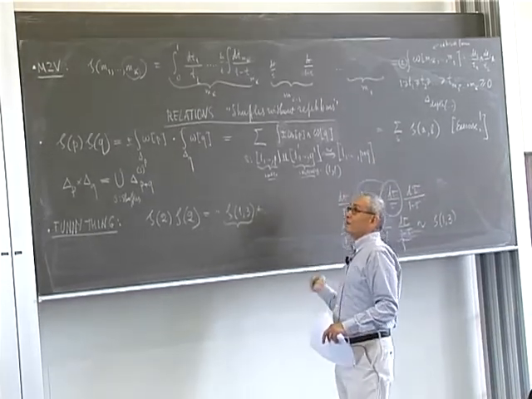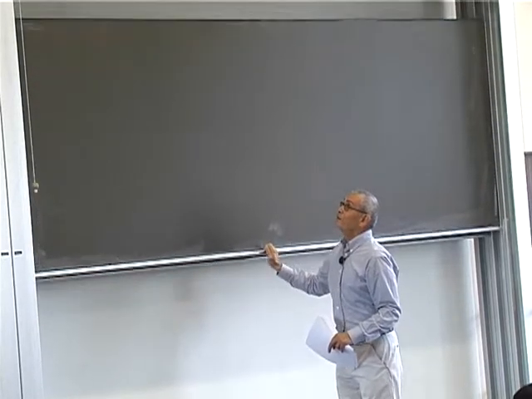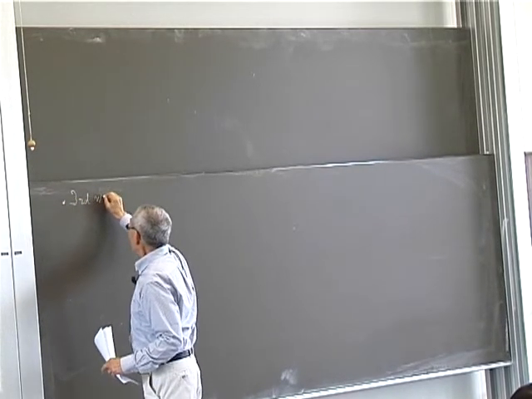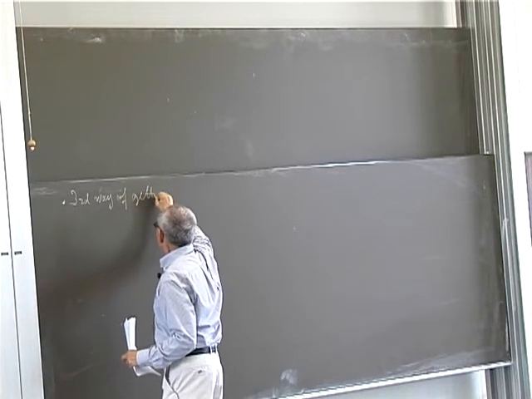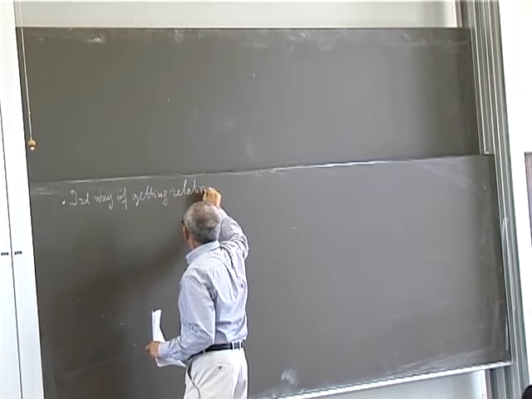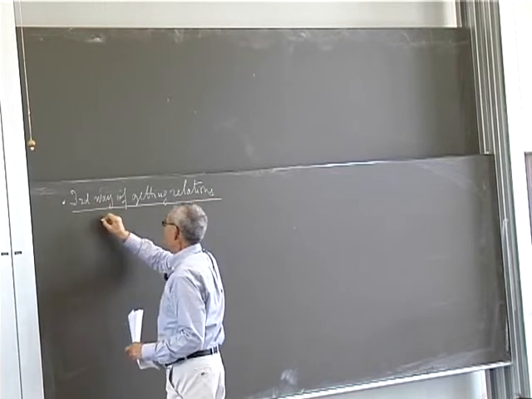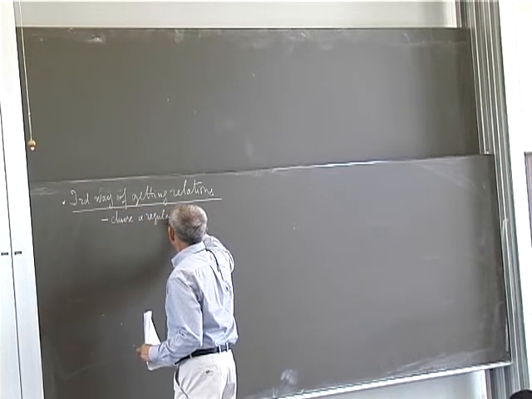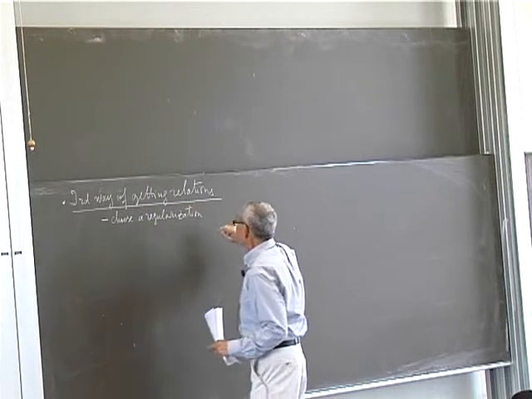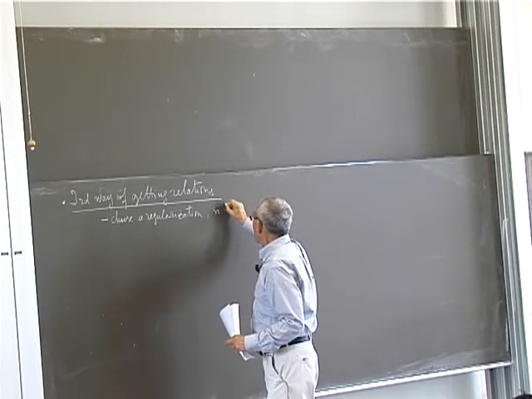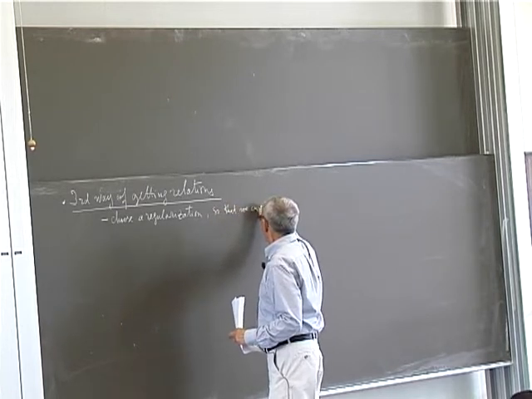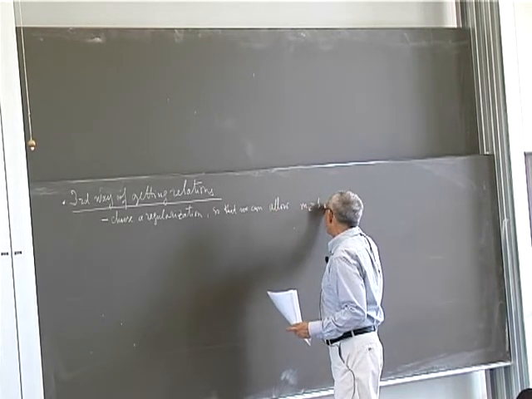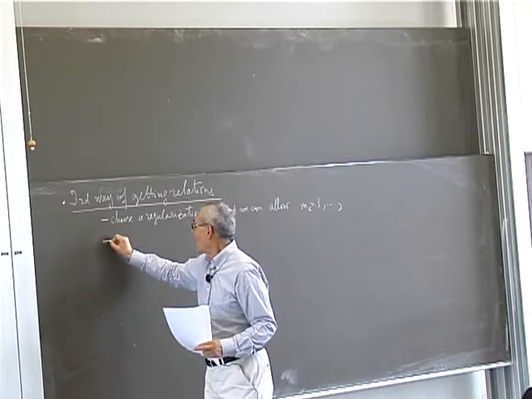The logic is this, somewhat convoluted. So the third way of getting relations: choose a way to regularize our integral, a regularization procedure, so that we can allow, for example, the case m_k equals 1, and probably something else.